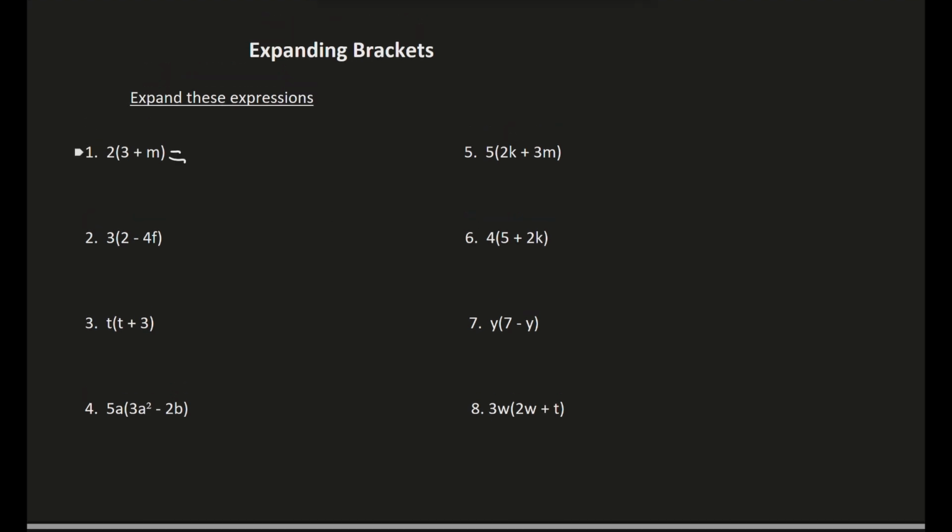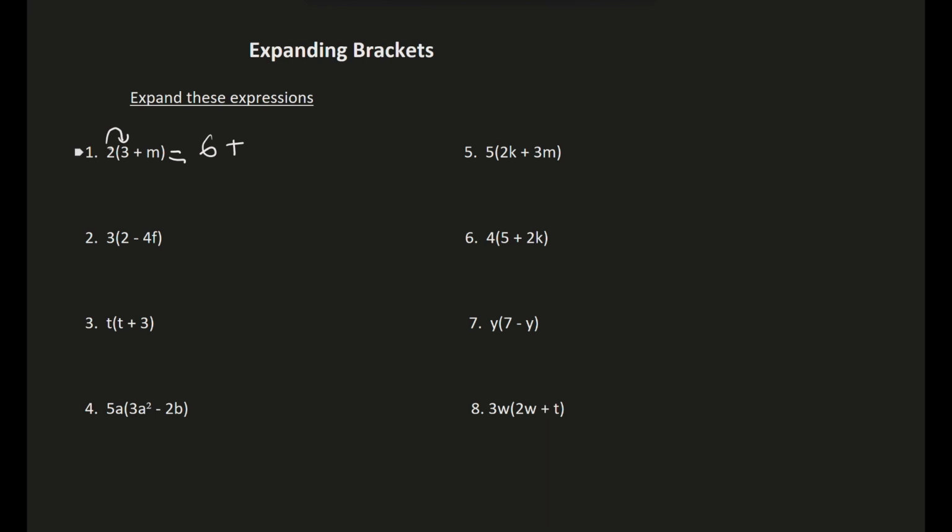Question 1. To expand this bracket, we have 2 times 3, that gives us 6, plus 2 times m, that gives us 2m. Let's move on to question 2.